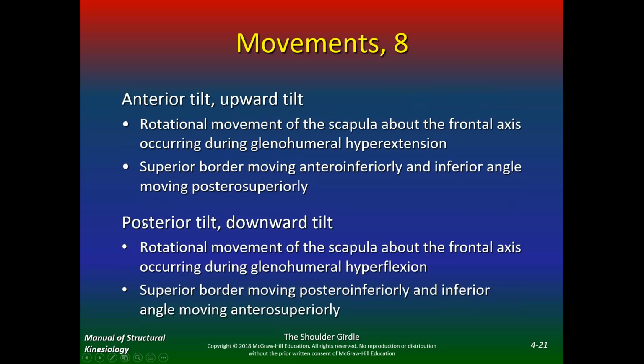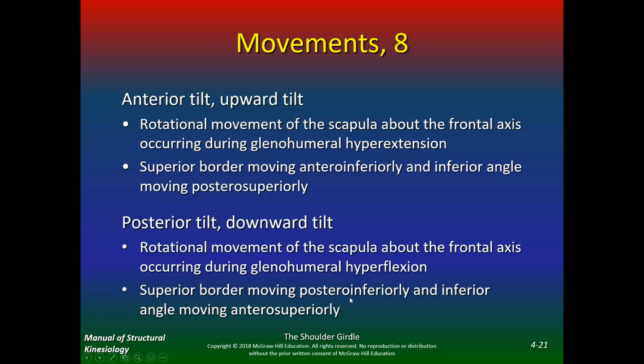You have an anterior tilt, a rotational movement of the scapula about a frontal axis occurring during glenohumeral hyperextension. Superior border moving anteroinferiorly and inferior angle moving posterosuperiorly, so it kind of pops up. And a posterior tilt, a downward tilt, is a rotational movement of the scapula about the frontal axis during glenohumeral hyperflexion.